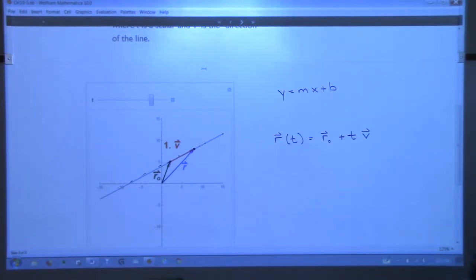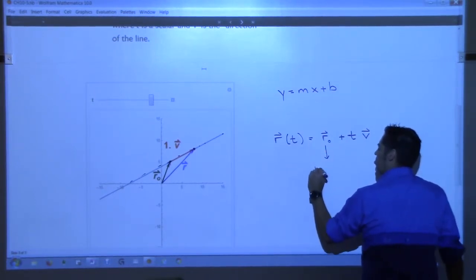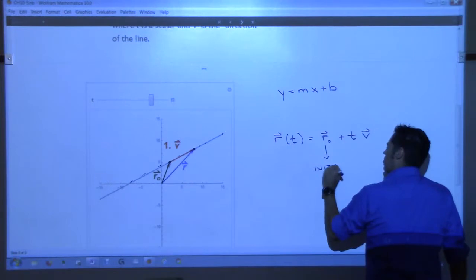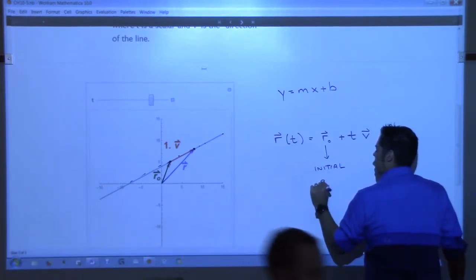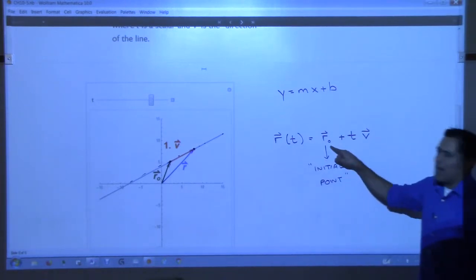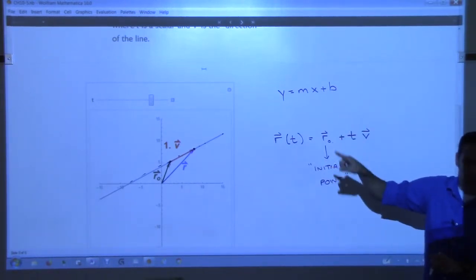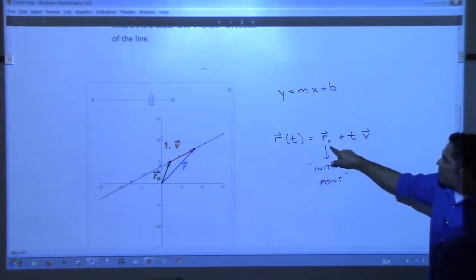So we have this vector right here that corresponds to some kind of initial point. Now this is not really correct for me to write initial point because that is a vector, not a point, right? But it points to a point. And so that's going to take us to our initial point.